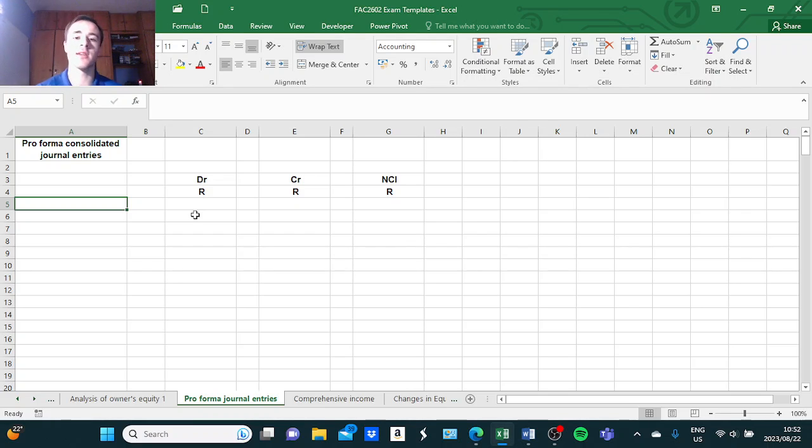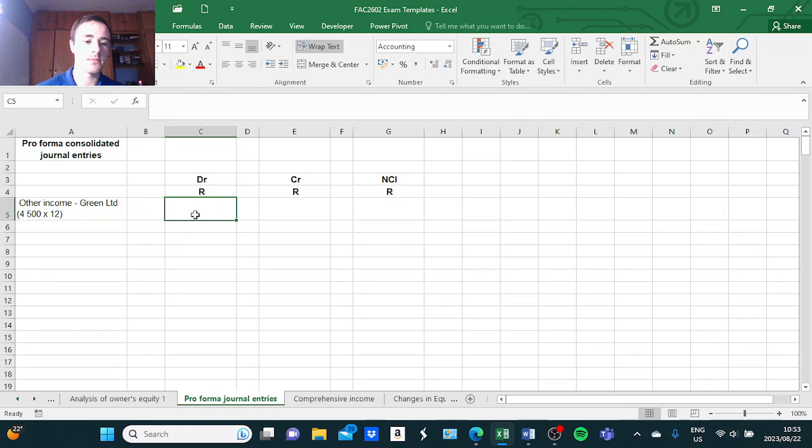So to eliminate the intergroup management fees, I have also included this journal entry in the suggested solution. Please note you are not required to draft this journal entry. It just helps you to understand the elimination. So you will debit other income for Green Limited, because other income normally has a credit balance. So to eliminate, we will just debit other income. Intergroup management fees will be calculated by taking 4,500 multiplied by 12.